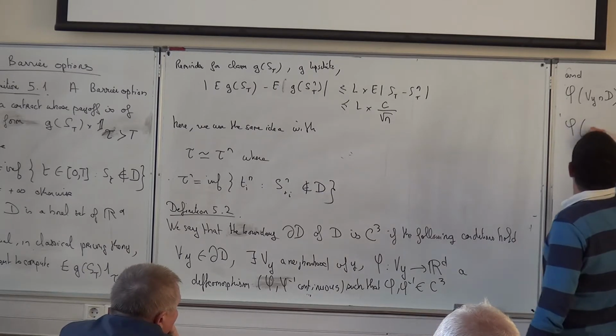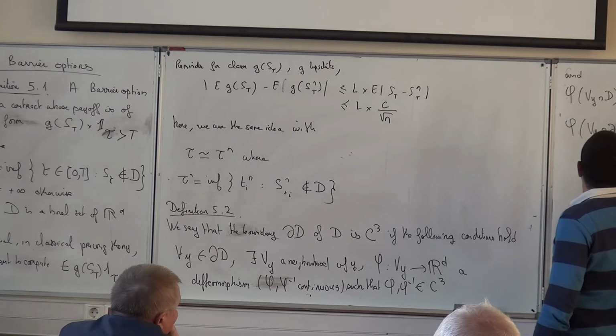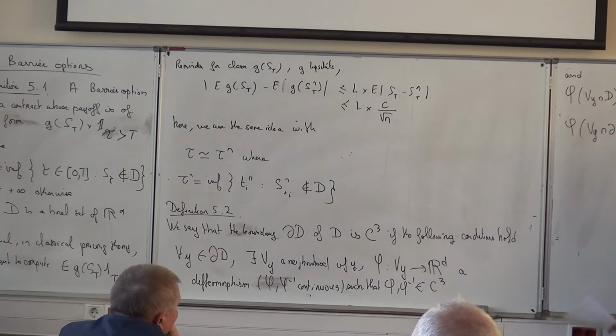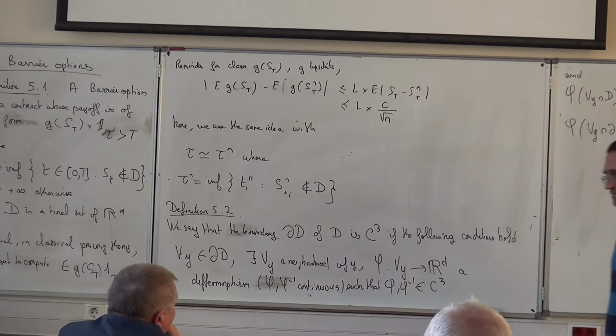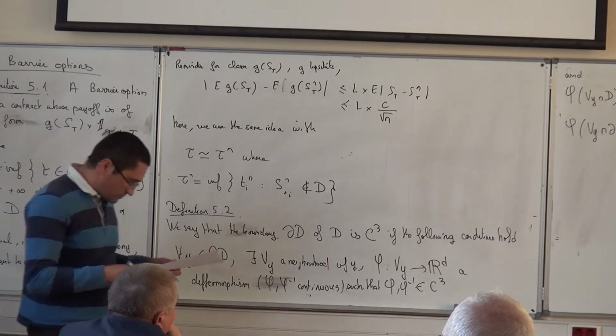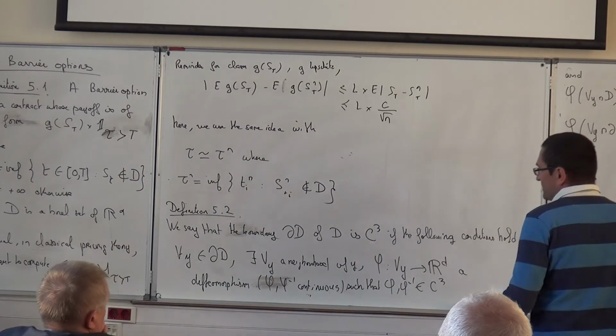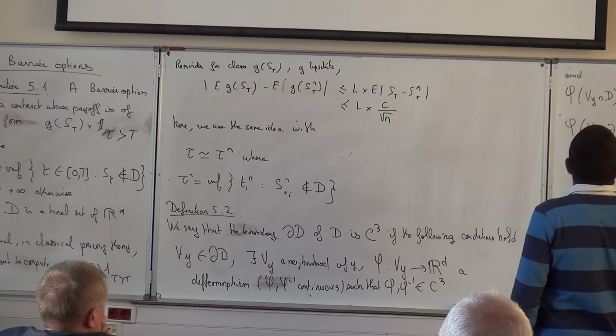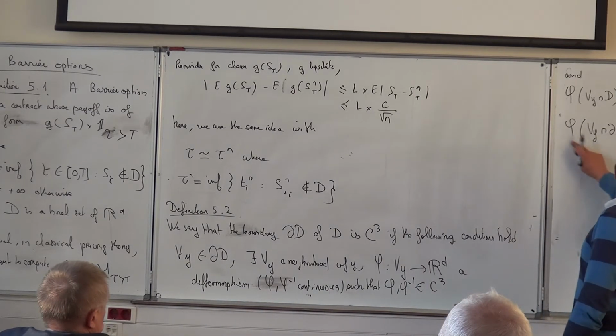And at last, the most important is this condition. It means that you can think of the boundary as a subspace with one less dimension, because this corresponds to the set of all x such that x1 equals 0. Under these very technical conditions, actually the most important is here.